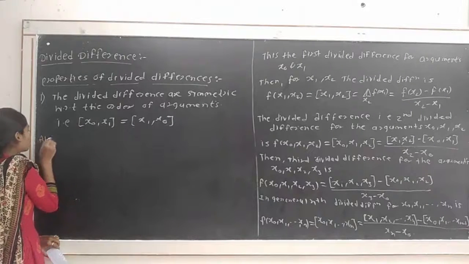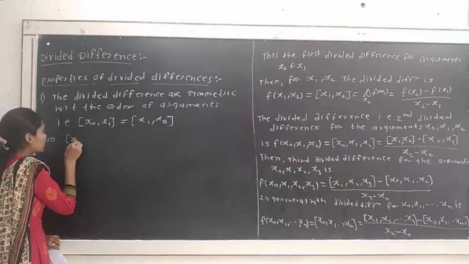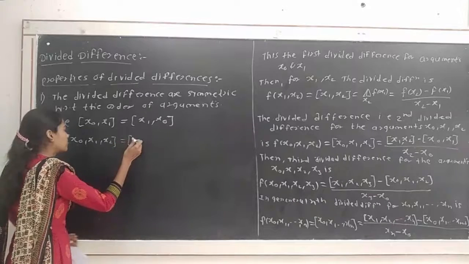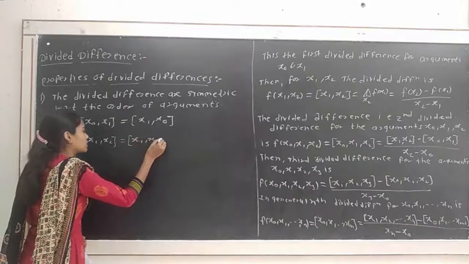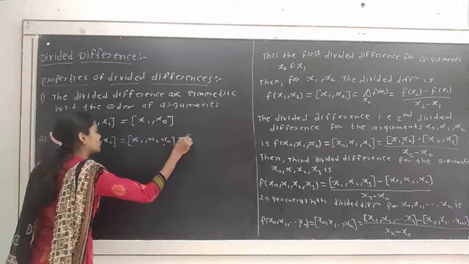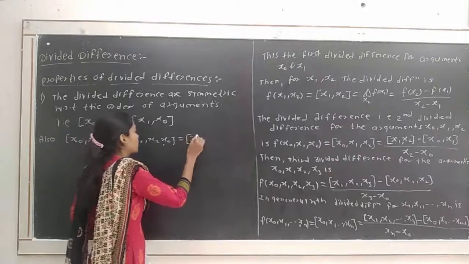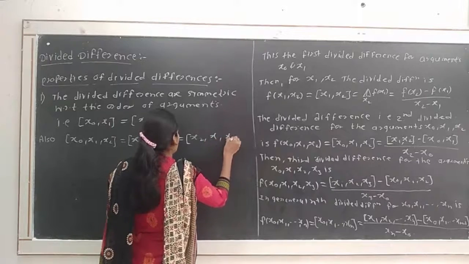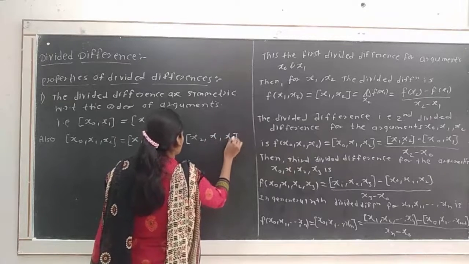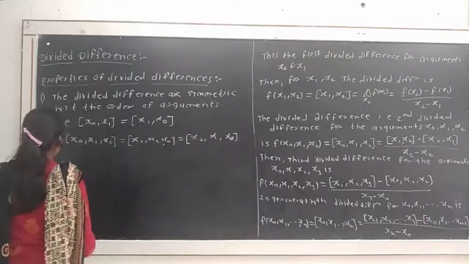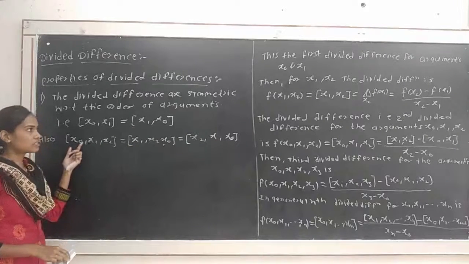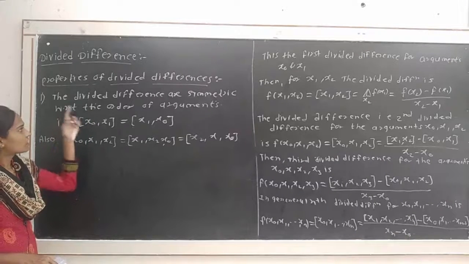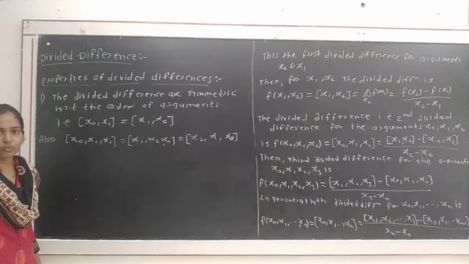Also for three arguments, the divided difference of x0, x1, x2 is the same as the divided difference of x1, x2, x0, or the same as the divided difference of x2, x1, x0. That is, if we change the order of the arguments, there is no effect, because the divided differences are symmetric with respect to the arguments.